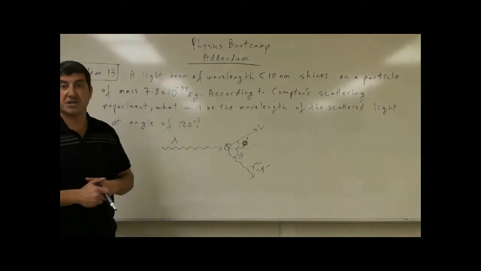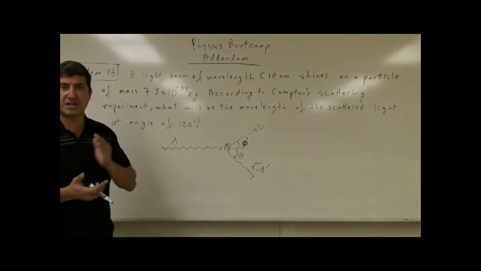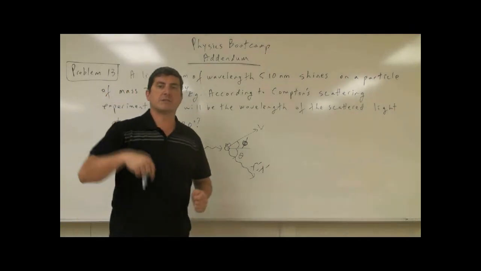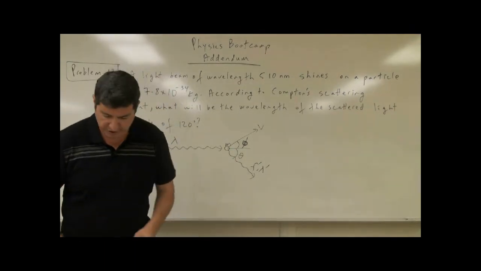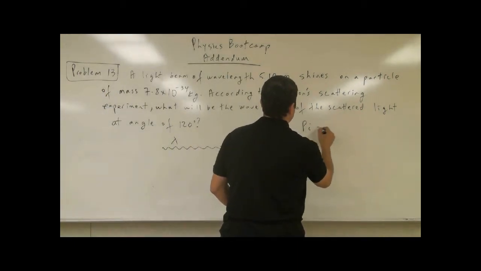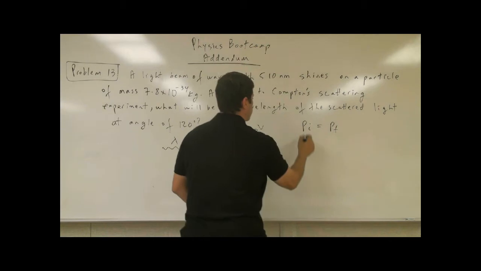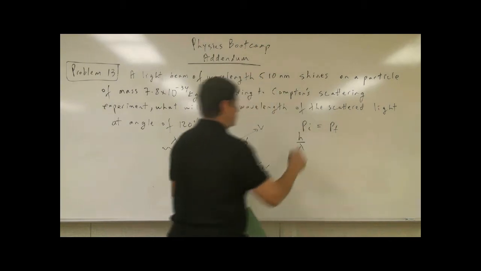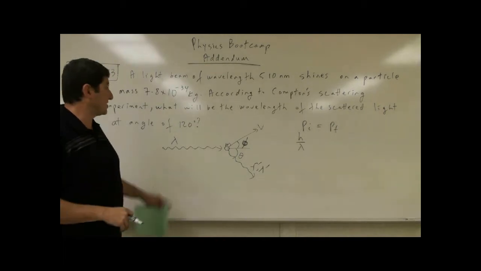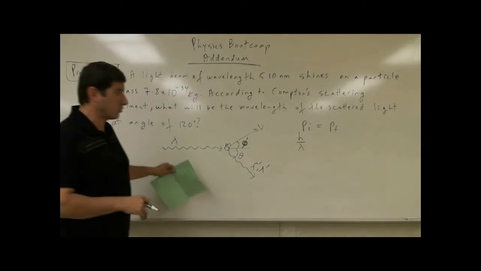So for the conditions of momentum conservation and kinetic energy conservation, we have to use the relativistic momentum and relativistic kinetic energy. The equations become what? The momentum initial equals momentum final. Momentum initial is h over lambda. Remember, the momentum of a light beam is Planck's constant divided by its wavelength.